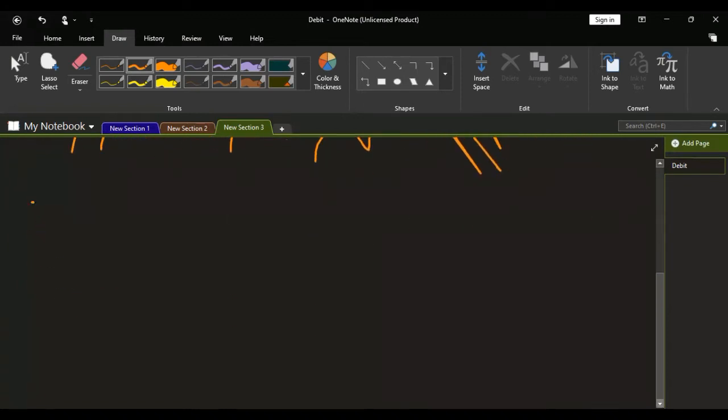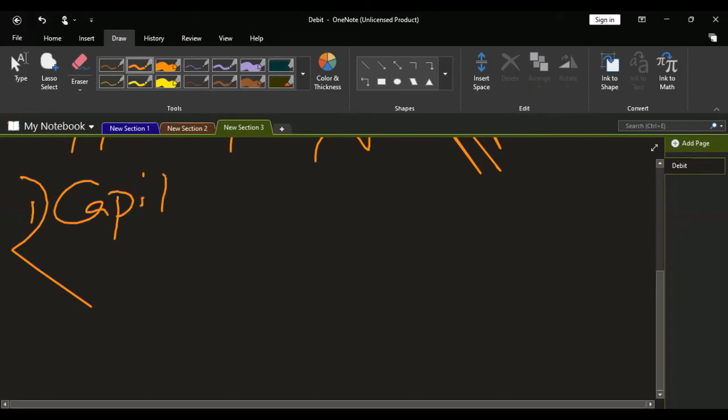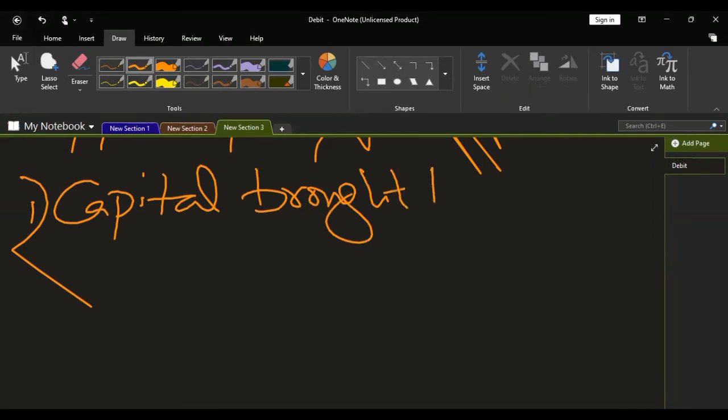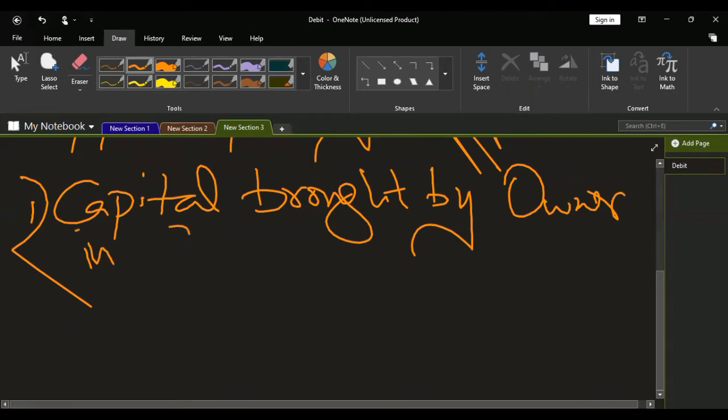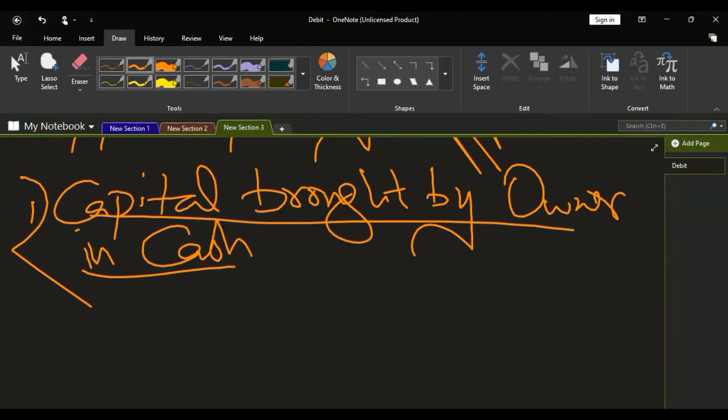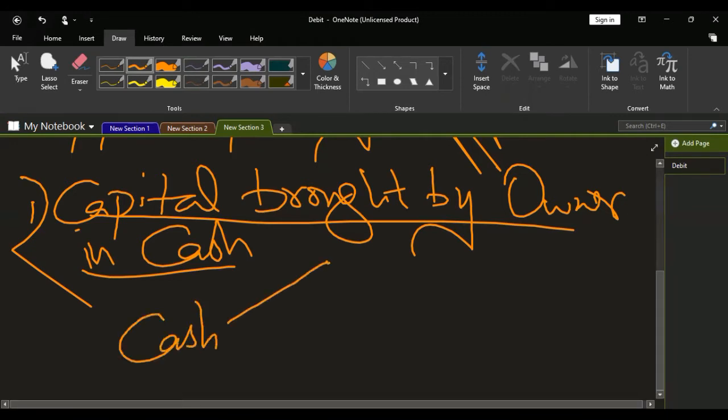So firstly, start with capital brought by the owner in cash. Now you have to think that you are the business, and what impact has been generated when an owner brought cash into a business. Firstly, the cash of the business increases.